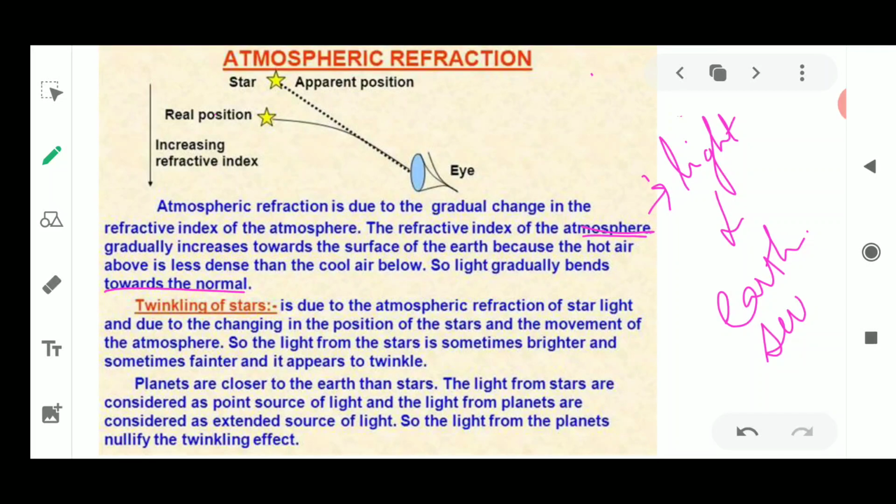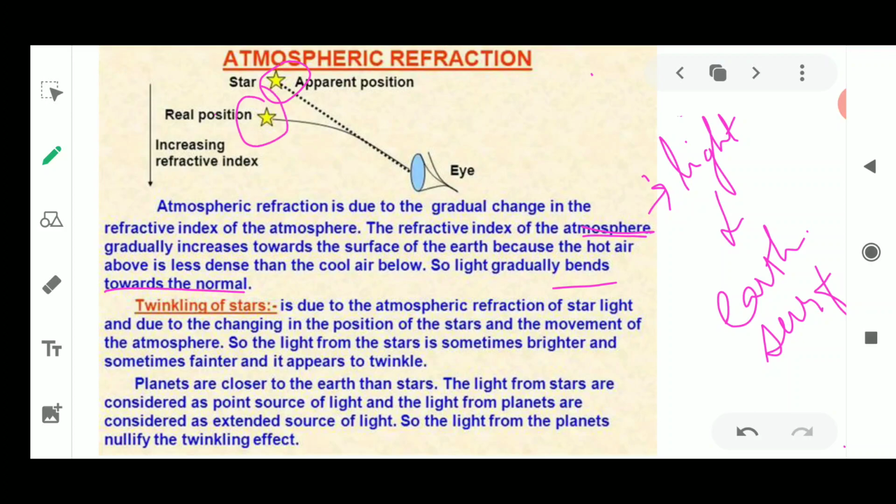It is coming towards the earth's surface, and it is going to bend towards the normal. Just because of this, the apparent position of the star is somewhere here, but the real position of the star is somewhere here.